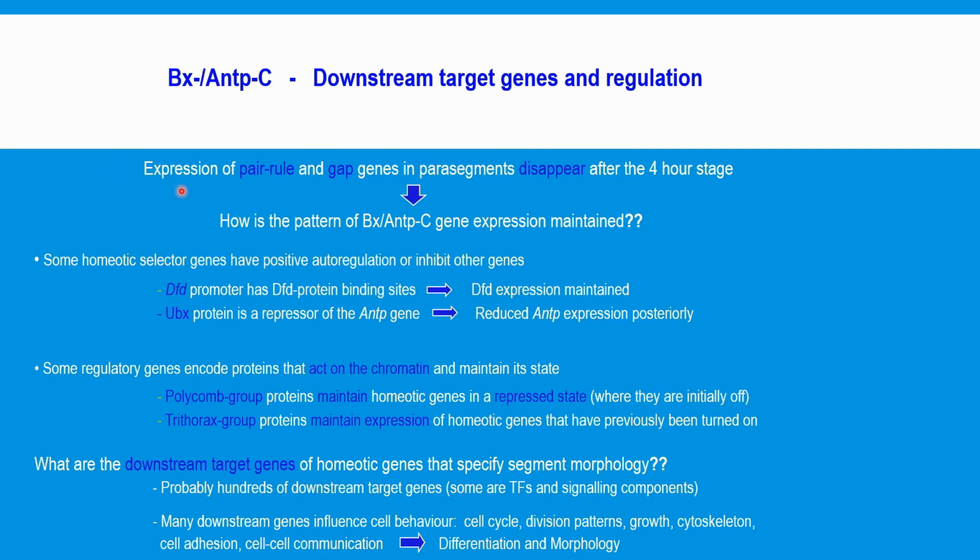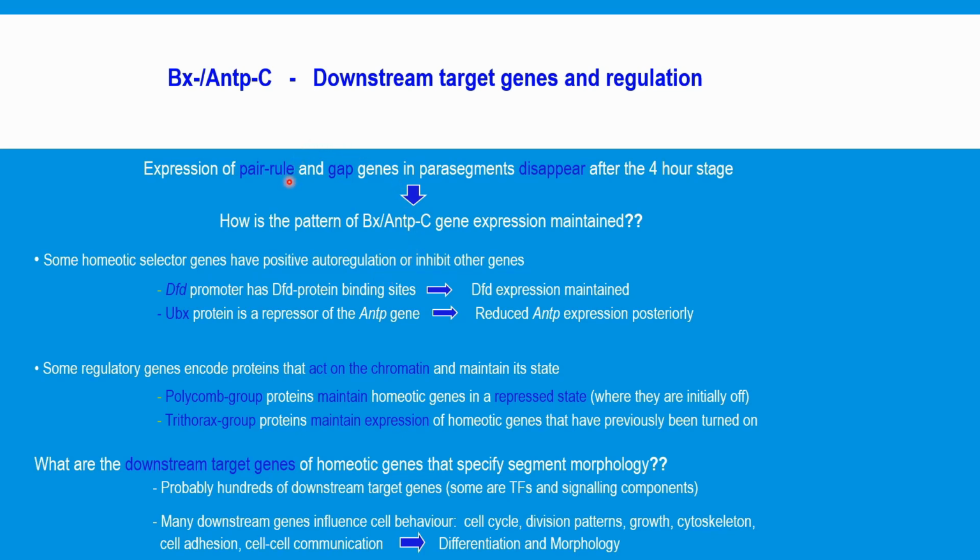So the expression of the pair rule and gap genes in the parasegment does disappear, right? They're turning on the Hox genes, homeotic genes, but their expression disappears. So how is the pattern maintained? Some homeotic selector genes have positive autoregulation.